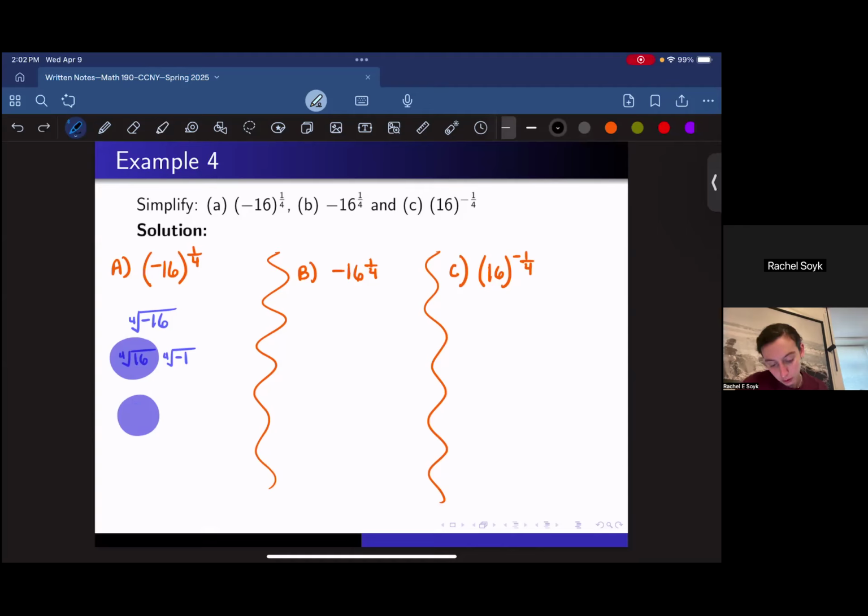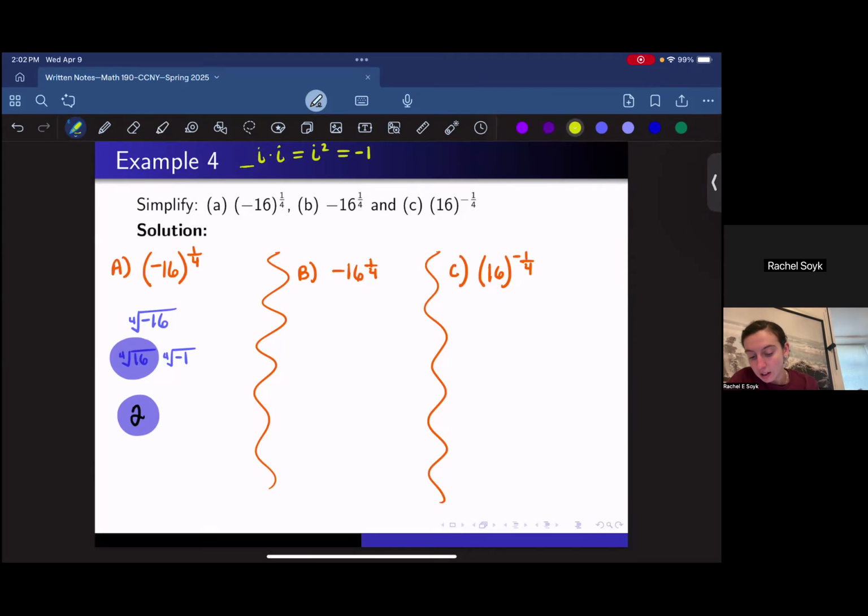But then the fourth root of negative 1, well, what times what times what times what gives you negative 1?